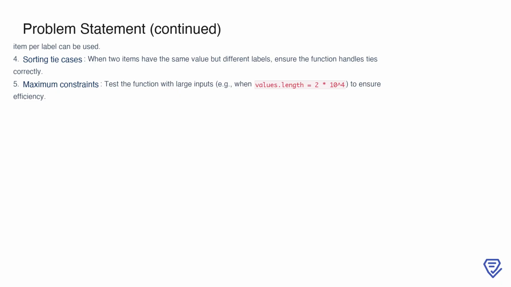Some key edge cases include handling single-element arrays, where the solution should return the single value if the constraints allow it. Another case involves arrays with all items having the same label, which tests whether the useLimit is enforced correctly. Scenarios where numWanted or useLimit equals 1 require careful selection to maximize the result. Lastly, the function must handle large inputs efficiently, even when the constraints are at their maximum, and properly resolve ties when items have the same value but different labels.